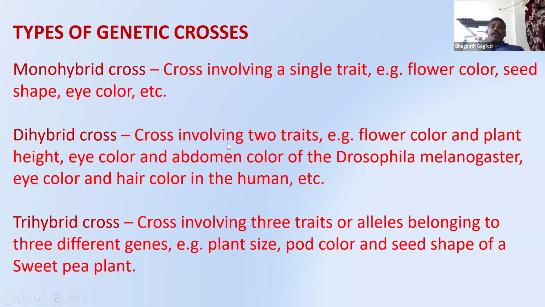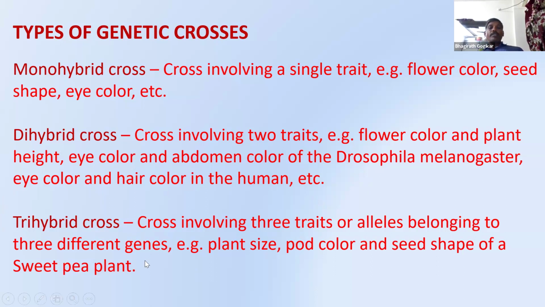Dihybrid means a cross made between two pea plants selecting two traits. At a time, we can examine two traits, such as flower color along with plant height, or eye color and abdomen color of Drosophila melanogaster, or eye color and hair color in human beings. We always select two traits and make a cross between the organisms, which is considered a dihybrid cross.